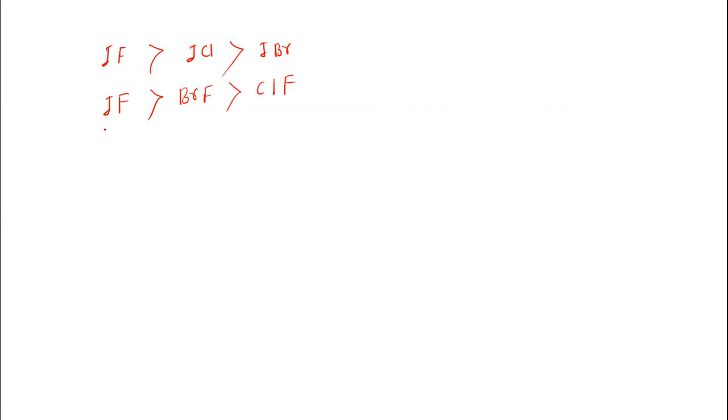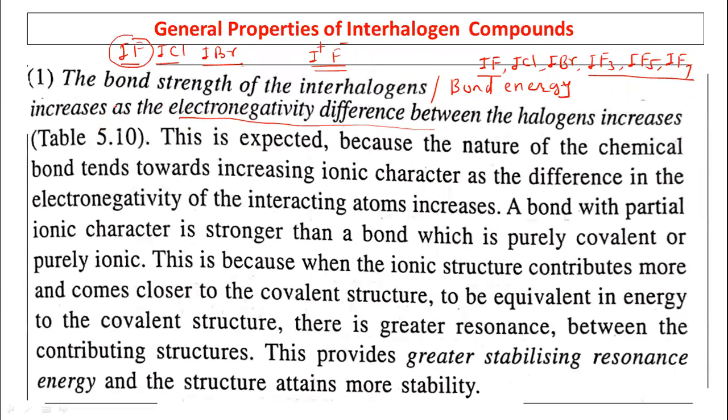So where is the electronegativity difference larger? In the case of IF, the electronegativity difference is larger between iodine and fluorine, so it has the higher bond strength. And as we know, the bond energy is around 277.8 kilojoules per mole in the case of IF. This is because of the electronegativity difference. So the higher the electronegativity difference, the greater the bond strength.